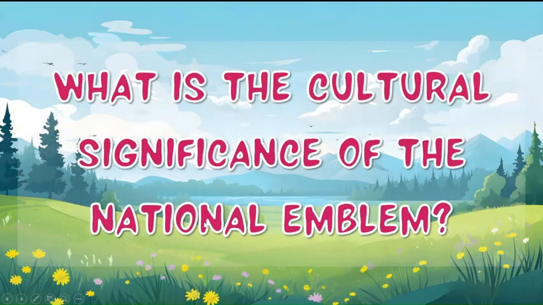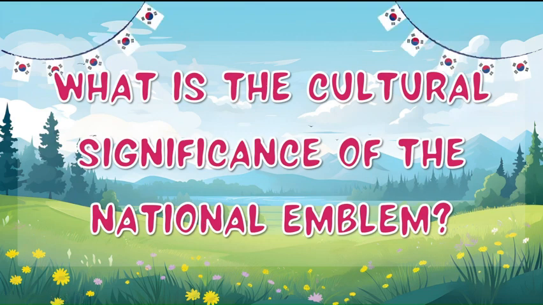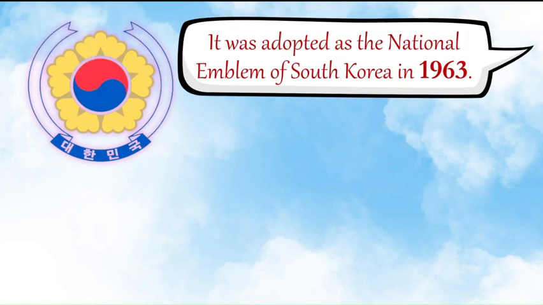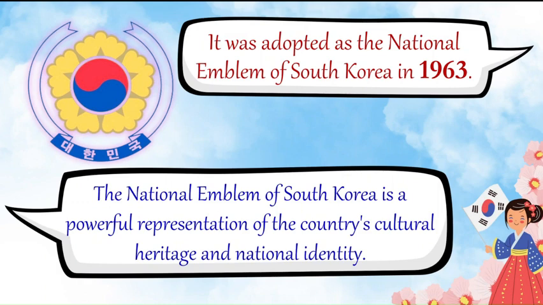Now let's see what is the cultural significance of the national emblem. What significance it holds culturally. Let's talk about that. So first of all, it was adopted as the national emblem of South Korea in 1963. Okay, so this was the year this design was adopted as the national emblem. It is a powerful representation of the country's cultural heritage and national identity.